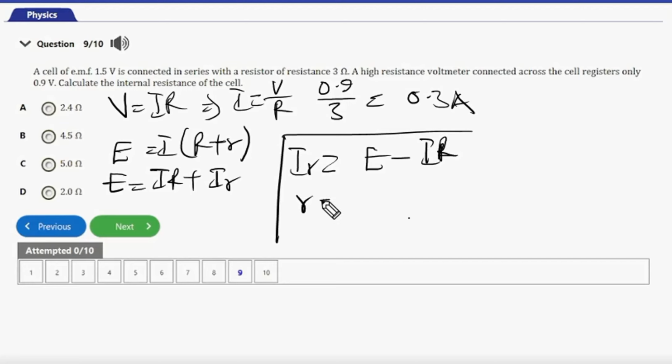So r alone now becomes E minus IR over I. So here now we can plug in the values and then solve for this.